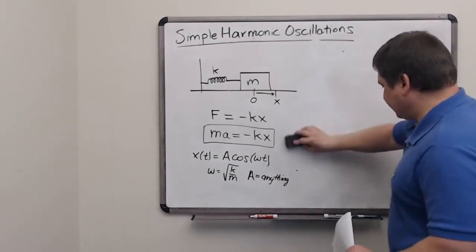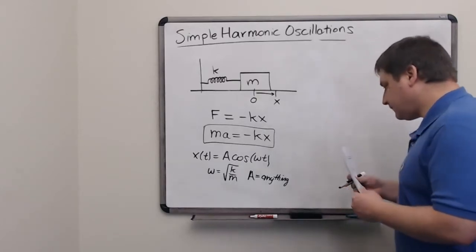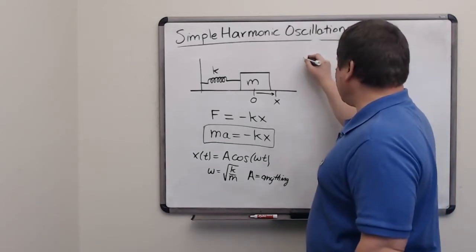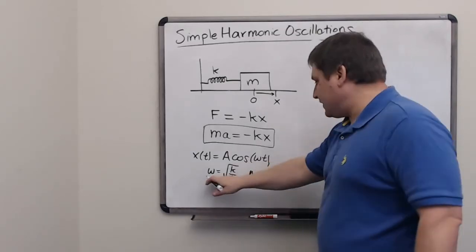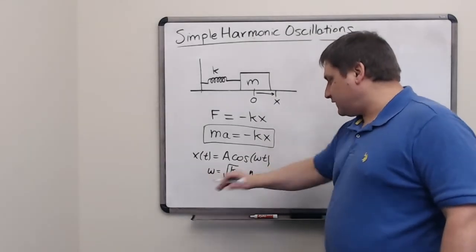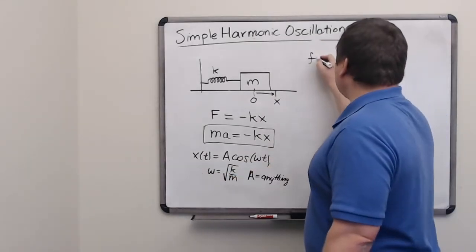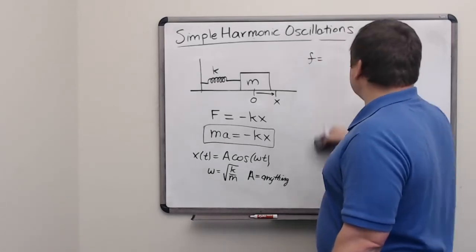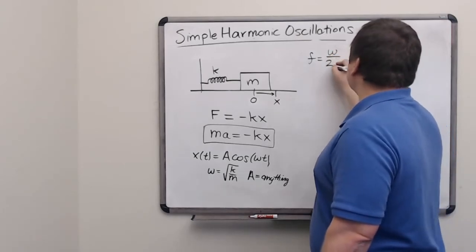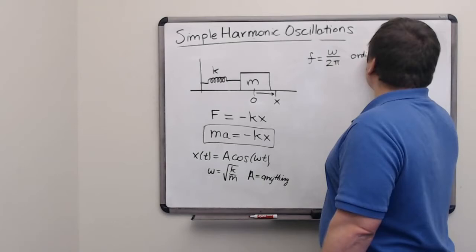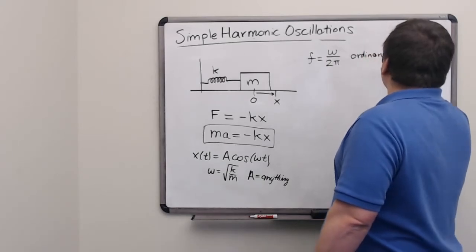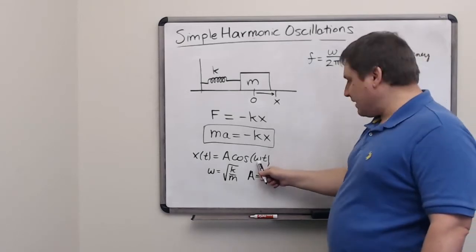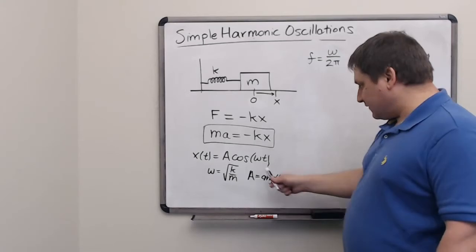So let's try to relate this to some measurable quantities. Remember that for any oscillation, for any thing that happens with an angular frequency of omega, that means that it has an ordinary frequency of omega over 2 pi. So the way omega appears in this cosine function, that means it's an angular quantity and it's in radians per second.